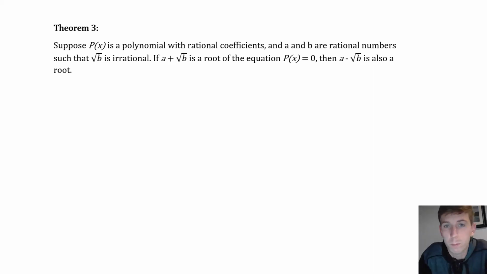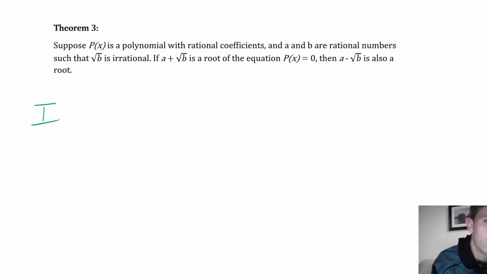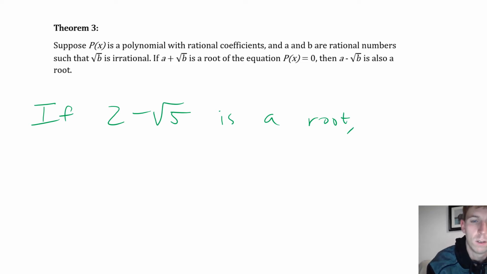If a plus root b is a root, then a minus root b is a root. So just like before, if we know that, for example, 2 plus root 5 is a root, then 2 minus root 5 is also a root.